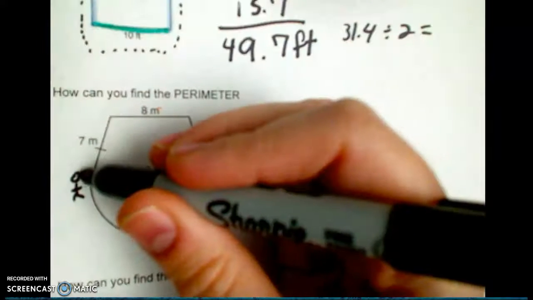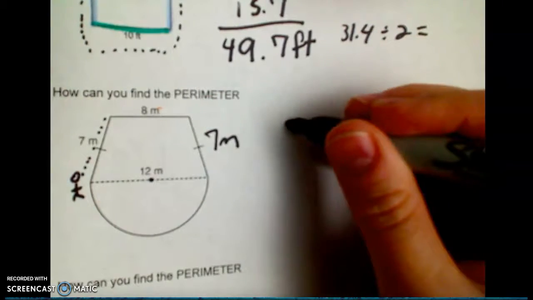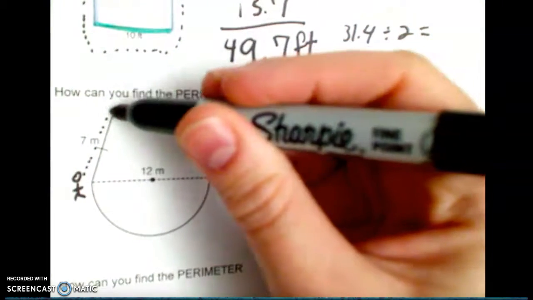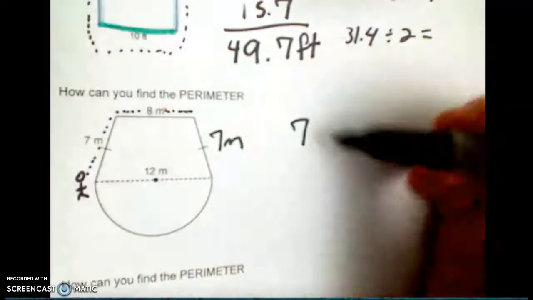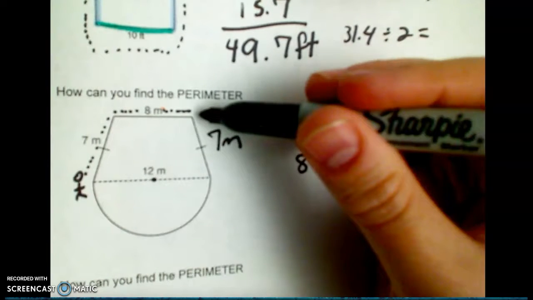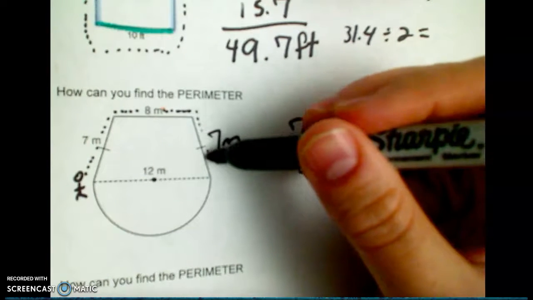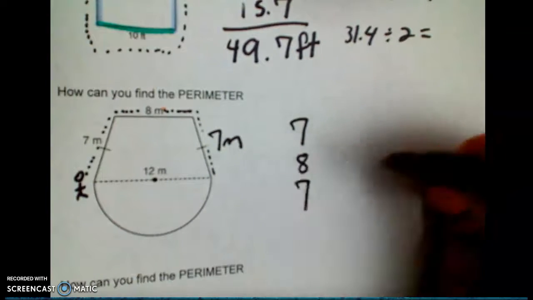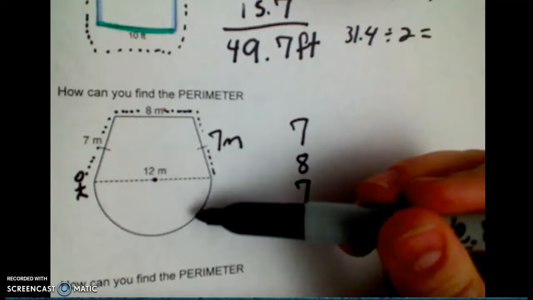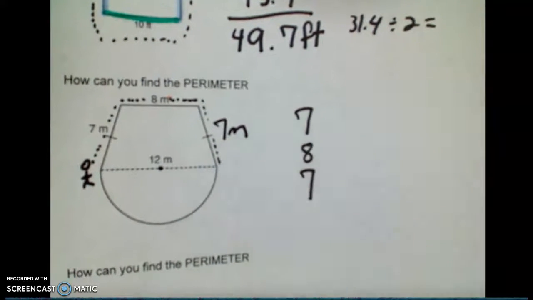We're going to walk 7 meters plus 8 meters, 8 plus 7 more meters. Aha! We have another half circle. Pause the video and see what you get.